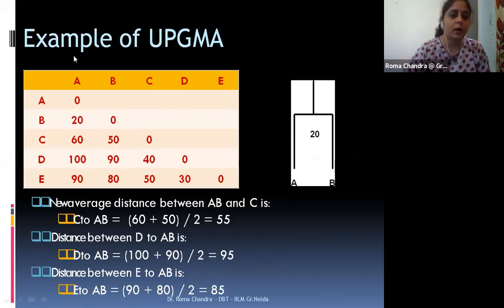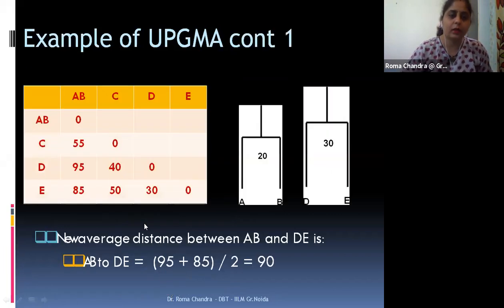So the value 20 was for A and B. Now I'm merging the values. So 60 plus 50 divided by 2 is 55. 100 plus 90 divided by 2 is 95. 90 plus 80 divided by 2 is 85. So I added the values in both the columns and took the arithmetic mean, that is, I divided by 2. So I got my matrix like this: 55, 95, 85.